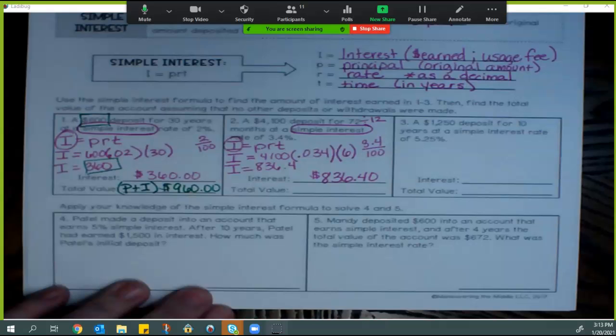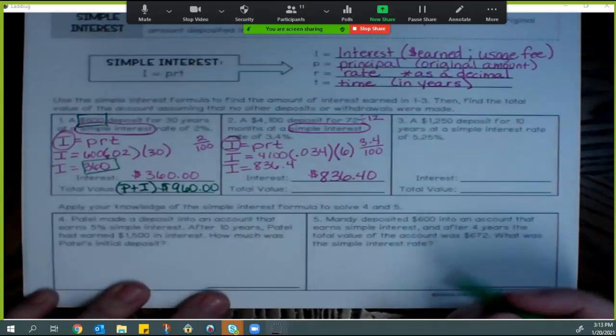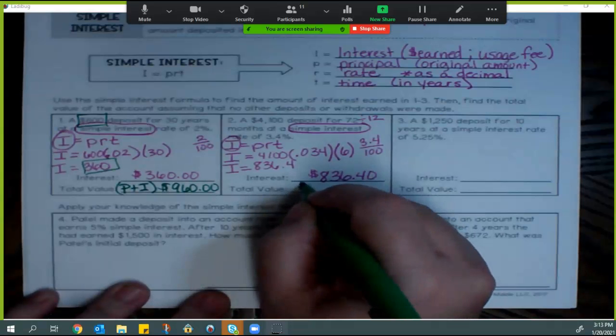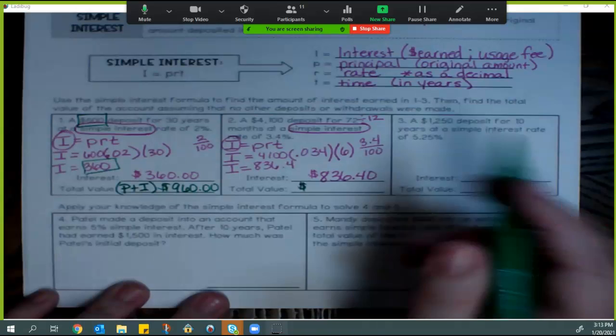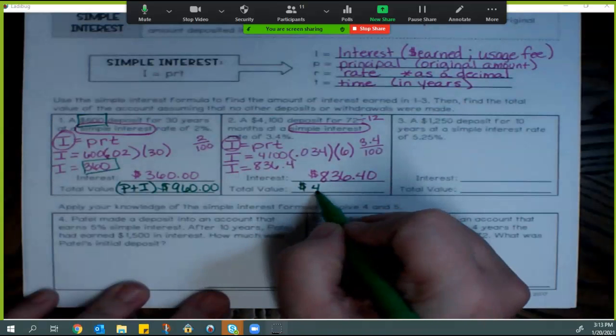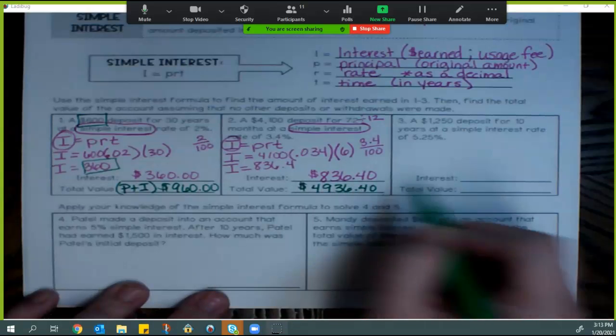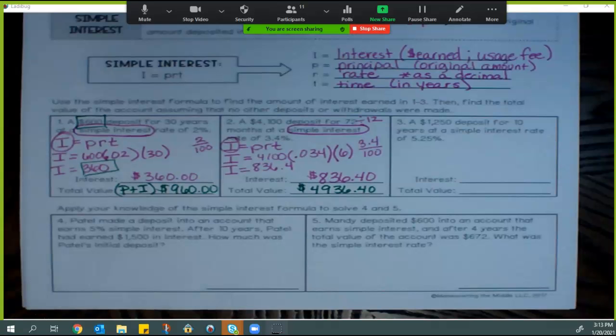Now they want to know, after those 6 years, what is the total value of my bank account? 4,936.4. Yes, I add my principal plus my interest, $4,936.40.